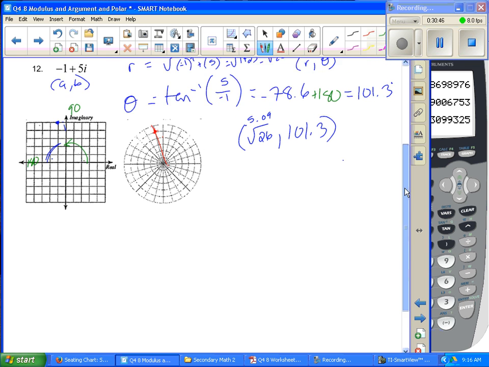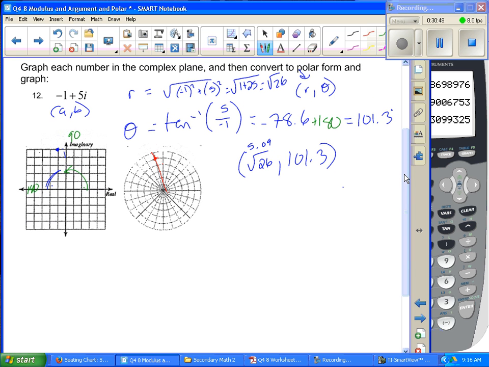I could have written this ordered pair using that negative 78.6. I could have said my angle was negative 78.6, which would have put my angle right here. But I didn't want my point to be over here in the 4th quadrant. I wanted it to be in the 2nd quadrant. So with polar graphing, if you make your R negative, it pushes you backwards.